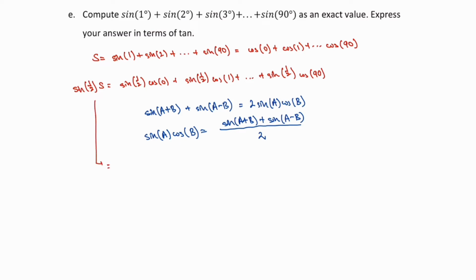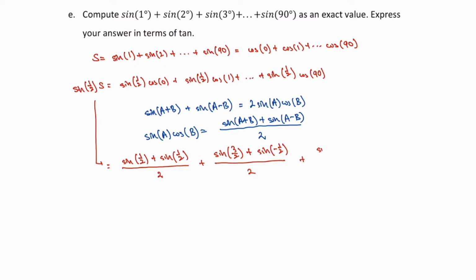So, coming down here, A is a half and B is 0. So we have sine of a half plus sine of a half over 2. The second value, we've got sine of 3 on 2 plus sine of negative a half over 2.